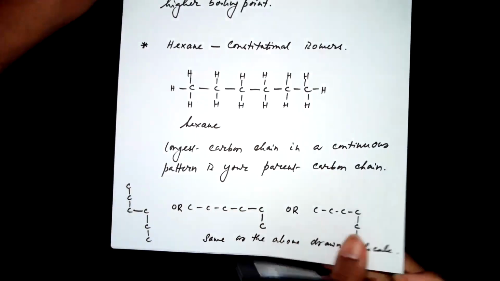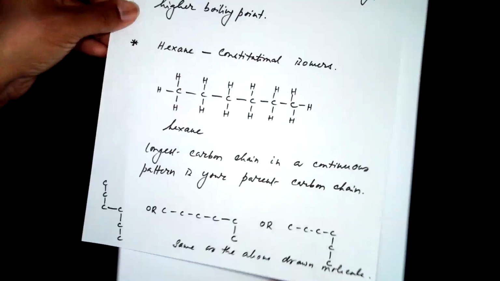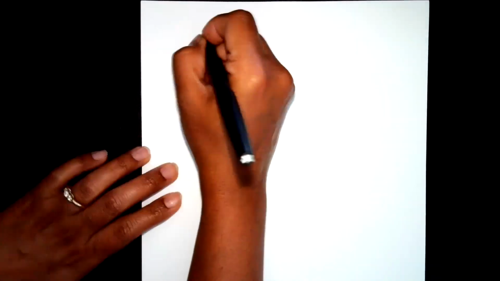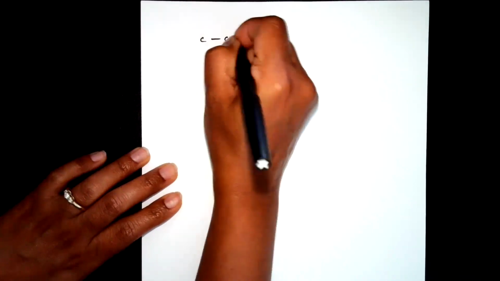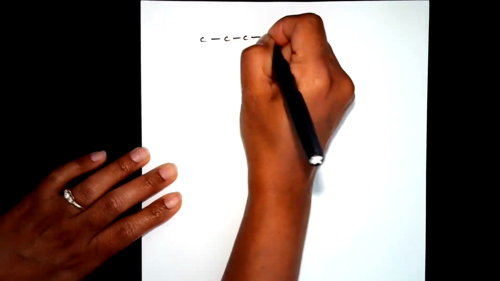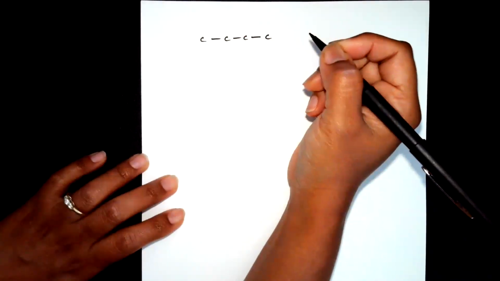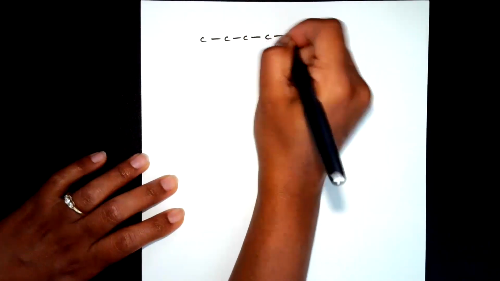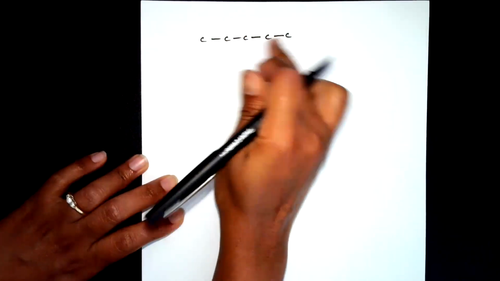Now, what would be a constitutional isomer? I could make a constitutional isomer if I would draw 5 carbons in a row and place the 6th carbon somewhere else. So my first constitutional isomer would be, instead of putting 6 carbons in a continuous pattern, I would go ahead and put 5. 1, 2, 3, 4, 5.